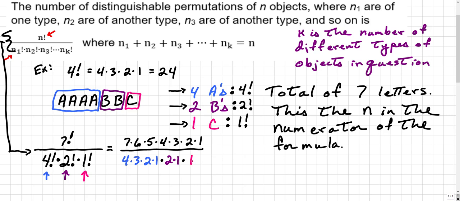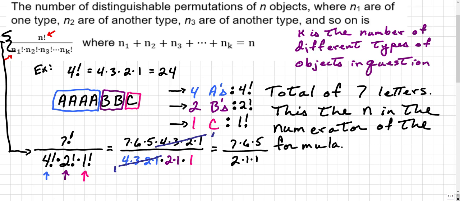Now, one of the things that you can notice here very quickly is the 4 times 3 times 2 times 1 in the numerator will divide out with the 4 times 3 times 2 times 1 in the denominator, which is going to yield 7 times 6 times 5 in the numerator over 2 times 1 times 1, which is simply 2.